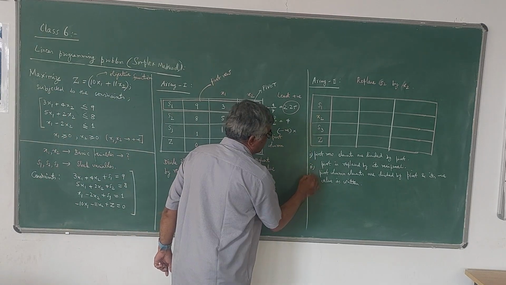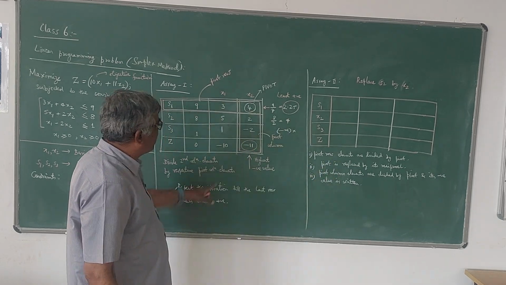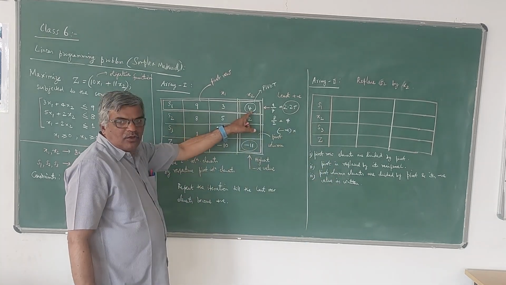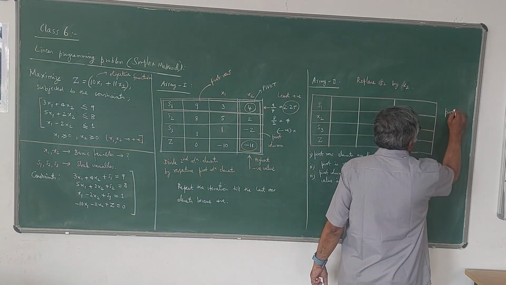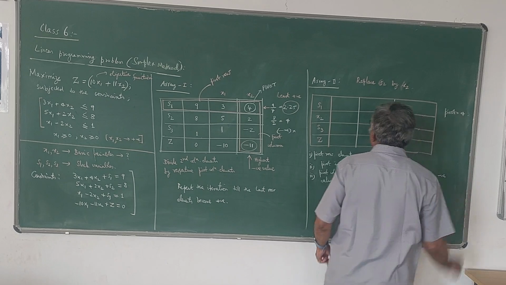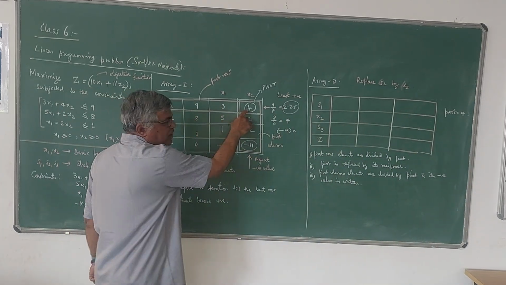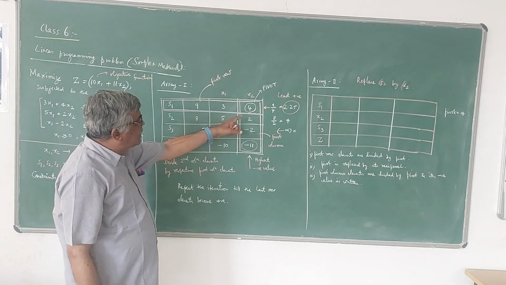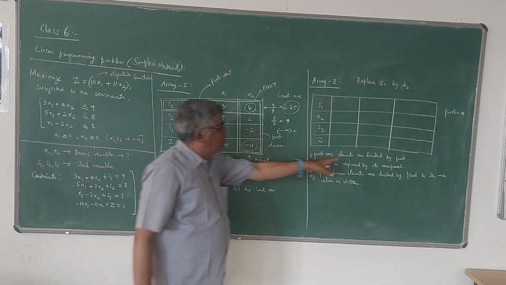First point is pivot row elements are divided by the pivot. What is the pivot value now? Pivot value is 4. So the pivot row elements are 9, 3 and 4. These are the 3 elements. In that we divide the 9 and 3 by the pivot.